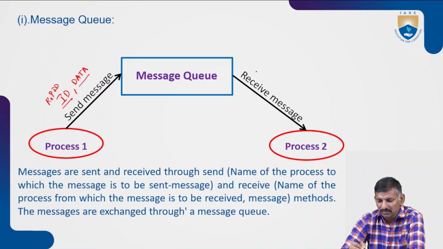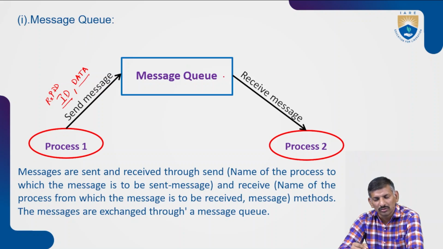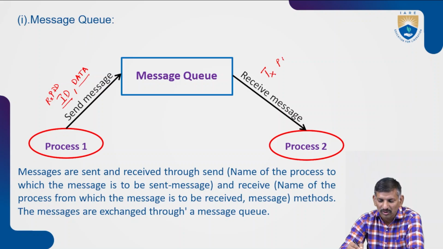In the same manner, that is posting to the message queue, that size is limited. Then from this message queue, the process which wants to read the data will receive the messages. The received message contains from which device we are getting the message, that is transmitting process ID, comma, data.